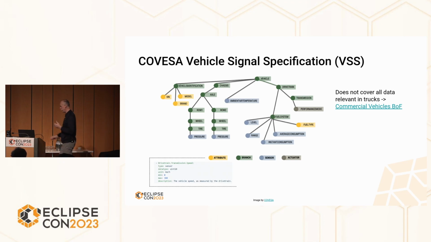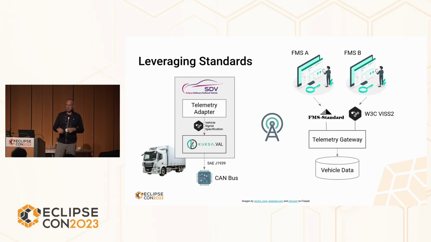Using this, you can now implement a generic telemetry adapter which operates on top of this tree in order to retrieve all the data that is relevant for doing the fleet management. And the generic telemetry adapter can now transmit this data into the backend, where you could also have a generic telemetry gateway which stores this data into a generic database, for example, a time series database.